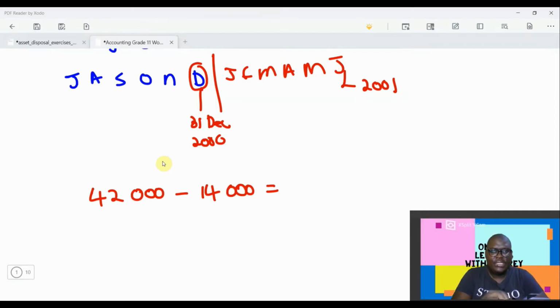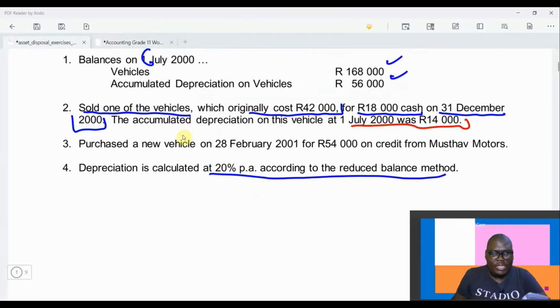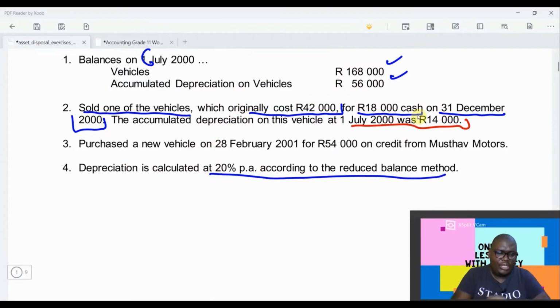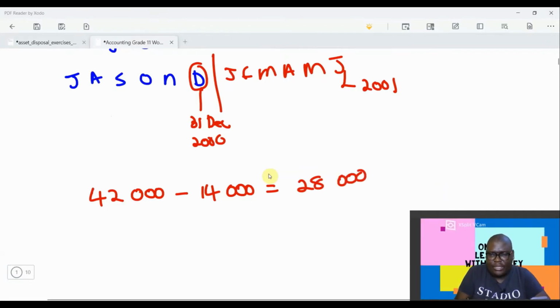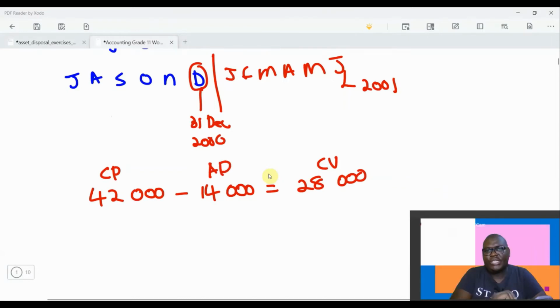So 42,000 minus 14,000 of the accumulated depreciation is equal to 28,000. So this is our carrying value now before we calculate depreciation for the current year, and this is the cost price, this is the accumulated depreciation. So we know that carrying value is equal to cost price minus accumulated depreciation.